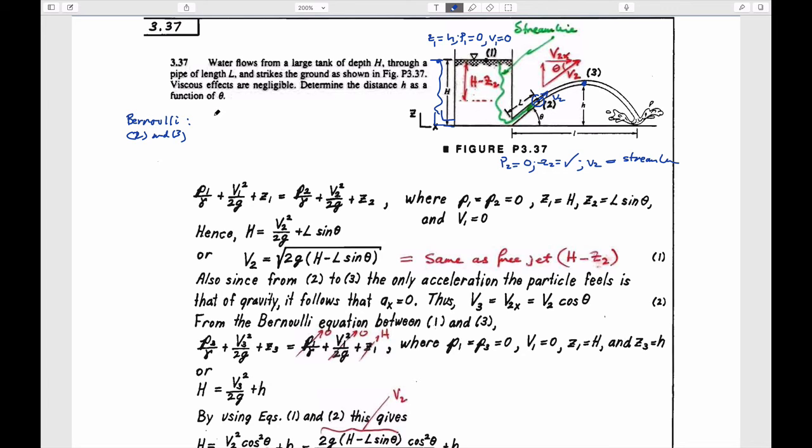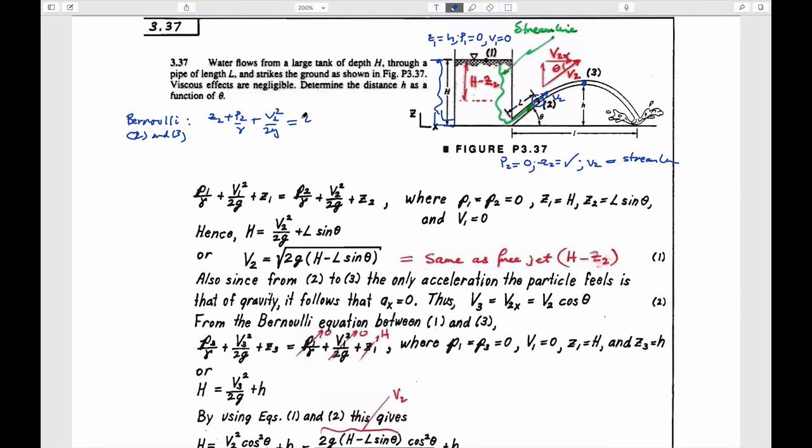you know, what do you know on the right hand side? You know the elevation, Z2. You know the pressure at 2. You know the velocity along the streamline. Actually, it's not going to be a very easy way to do it.